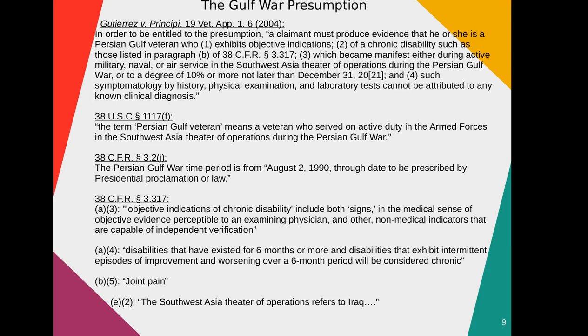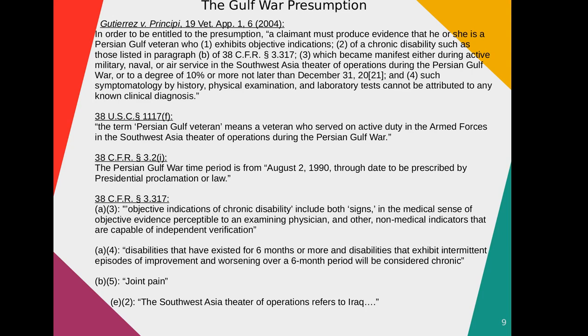Paragraph A4 says that disabilities that have existed for 6 months or more and disabilities that exhibit intermittent episodes of improvement and worsening over a 6-month period will be considered chronic. Paragraph B5 does include joint pain, and paragraph E2 says that the Southwest Asia Theater of Operations refers to Iraq and then goes on to list other countries and areas that are included.